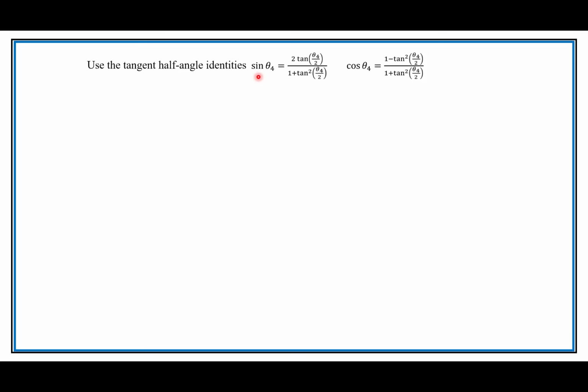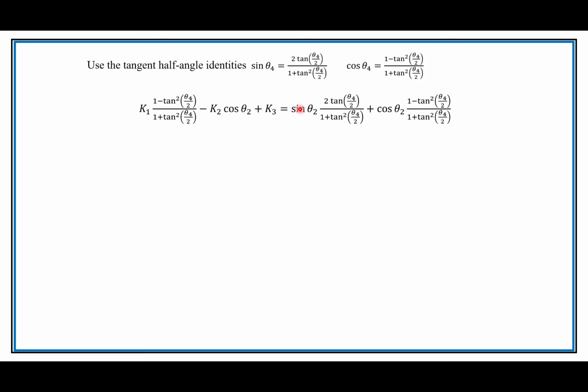So we're going to use these half-angle identities to replace the sine and the cosine that was kind of in our way, the ones of the cosine of theta 4 and the sine of theta 4. So we put those in place and distribute out the denominator throughout there, and also distribute out the K1 up into the ones and so forth to this one over here.